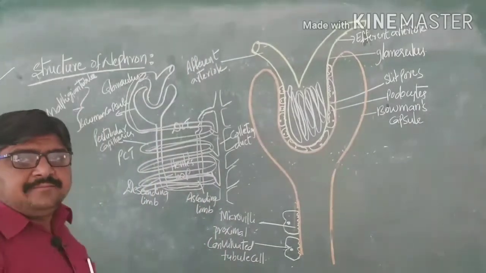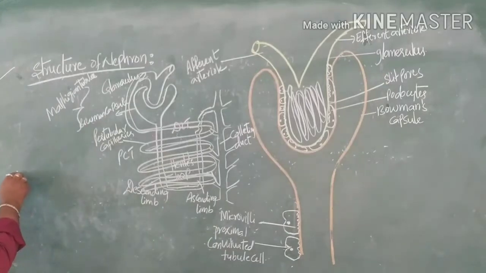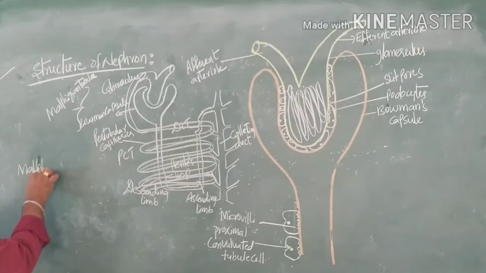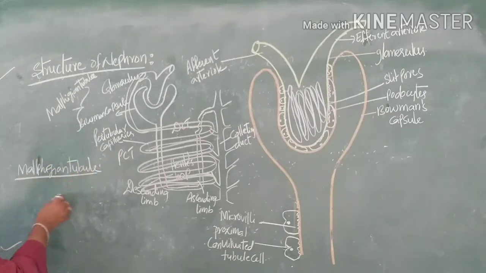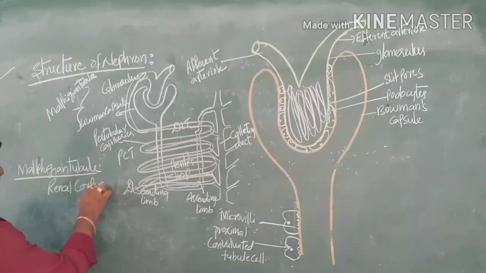Now coming to the Malpighian tubule. It is also called a renal corpuscle.